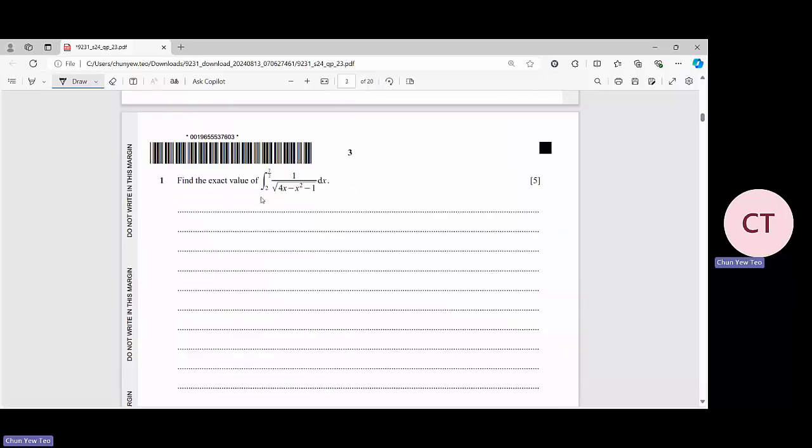Find the exact value of the integration over here. For this question, you can see that this is a quadratic. We have three terms over here, so we try to complete the square.